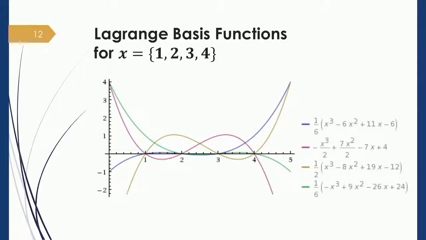At all other x sub i's, it evaluates to 0. As another example, the green polynomial evaluates to a 1 at x equal to 1. But for all other x sub i values, at x equal to 2, 3 and 4, it evaluates to a 0. And so, this is the Lagrange basis function corresponding to x sub 0 equal to 1.